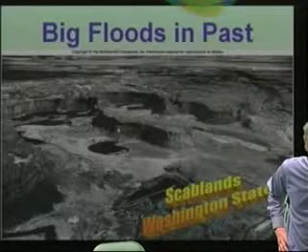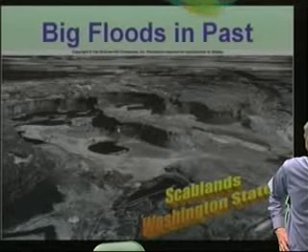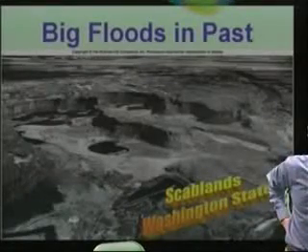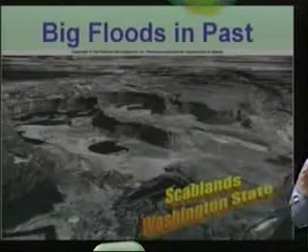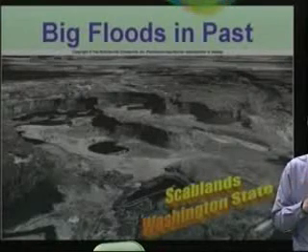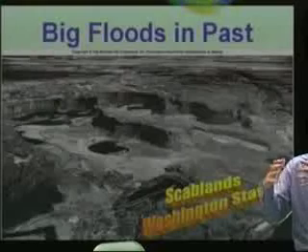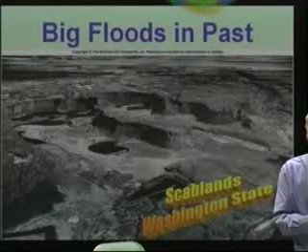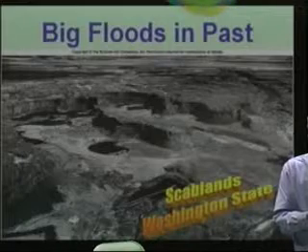About 10,000 years ago, 7,000 to 10,000 years ago, as the glaciers were retreating back into Canada, one of the lobes of ice blocked off some water flow from another region of ice melting and created an ice dam called Lake Missoula. And it blocked up this huge lake.